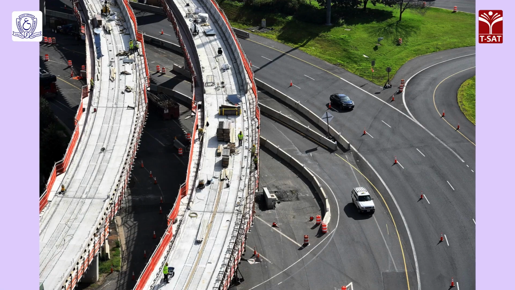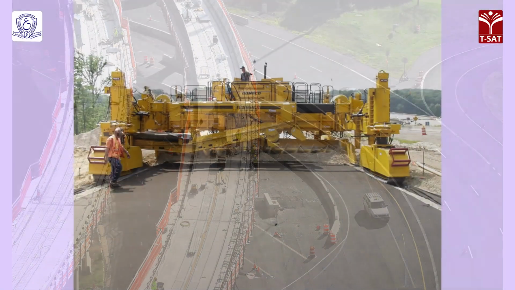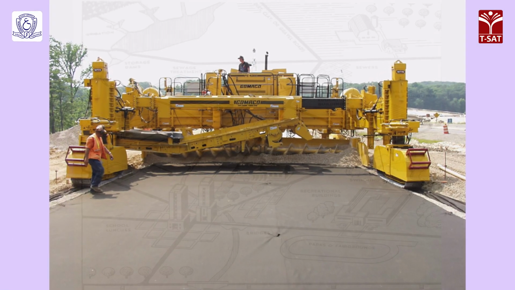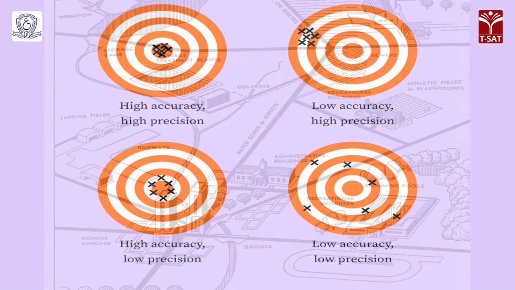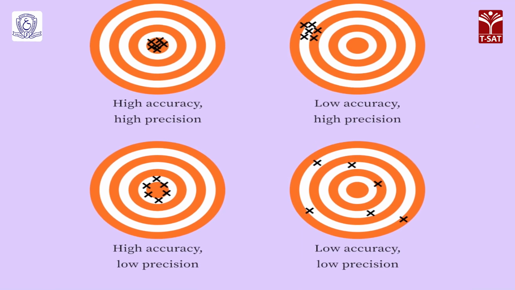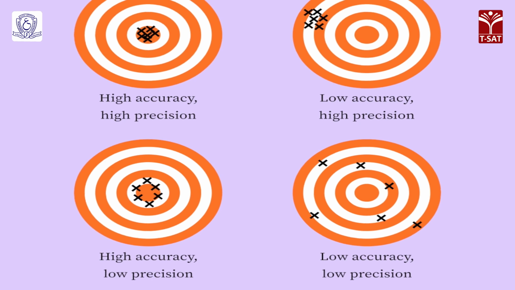For example, engineering projects such as roads and utility construction require very precise information, measured to a millimeter or a tenth of an inch. High precision does not indicate high accuracy, nor does high accuracy imply high precision.